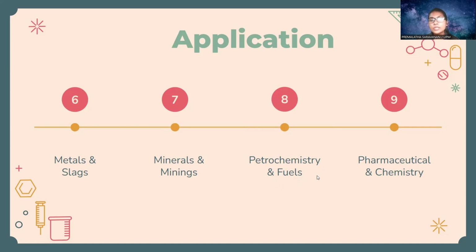Petrochemistry and fuels, which is also known as oil and gas. The analysis of additives in lubricating oil or in polymers. It is also an ideal analytical tool covering all applications upstream and downstream from crude oil to final petrochemical products.